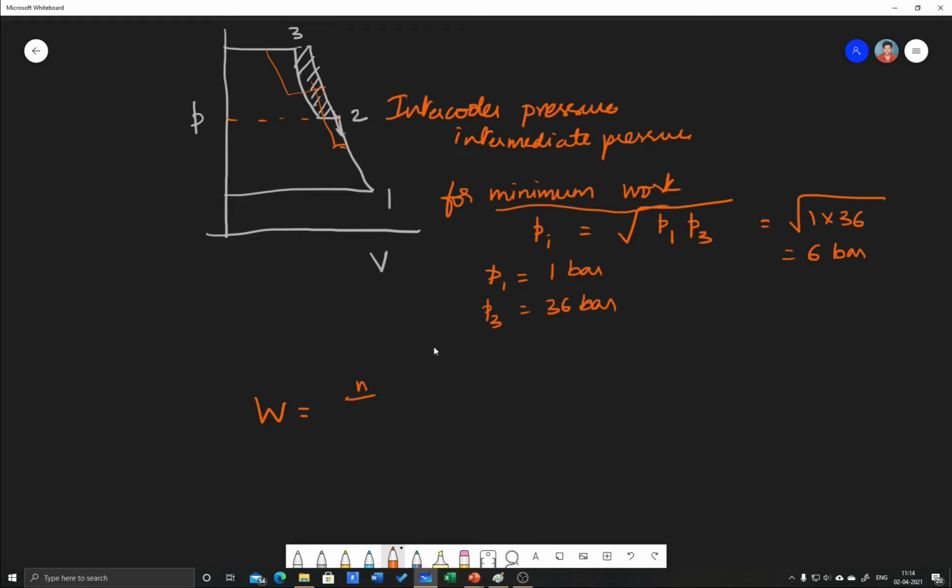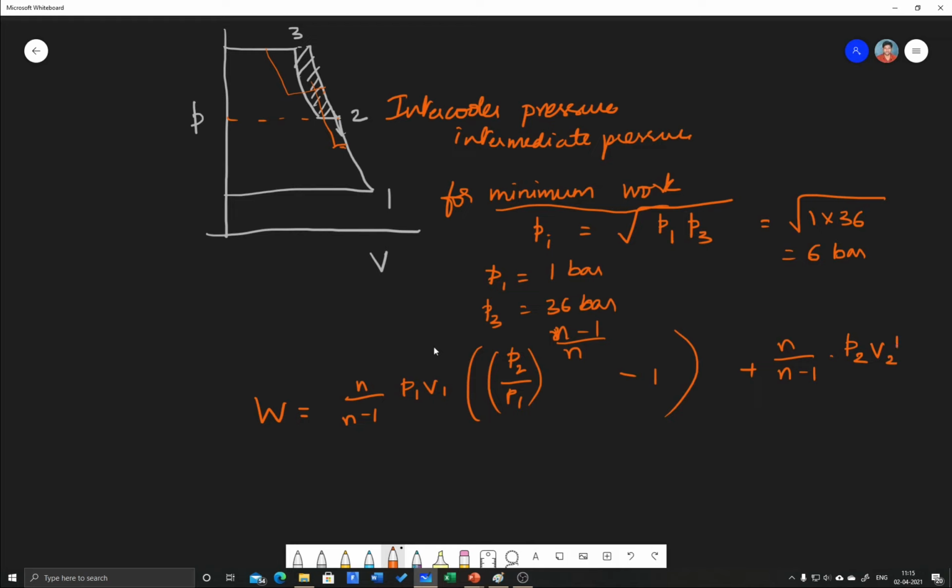So first will be n by n minus 1 P1 V1 multiplied by (P2 by P1) whole power gamma minus n minus 1 by n minus 1, plus n by n minus 1 into P2 V2 dash.